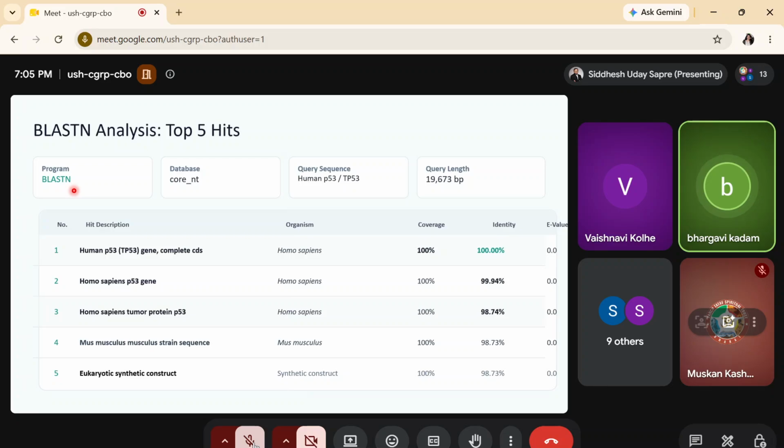Since our query was DNA, we used BLASTN, which compares a nucleotide sequence with a nucleotide database. Can we go to the next slide?